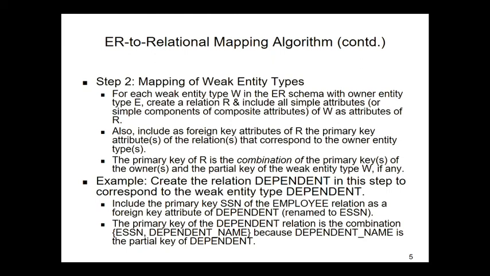So again, if I want to find all of the dependents, I need the primary key of the employee, and then I'm going to get all of the associated dependent keys, and that's going to be my universe of dependents for a given employee.